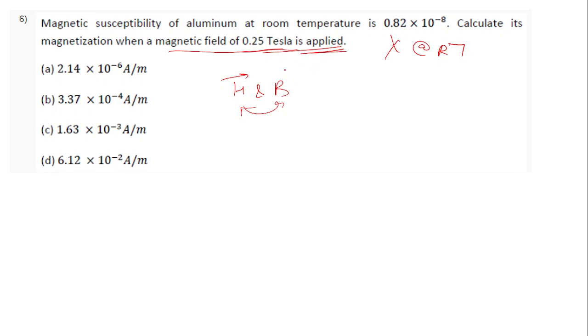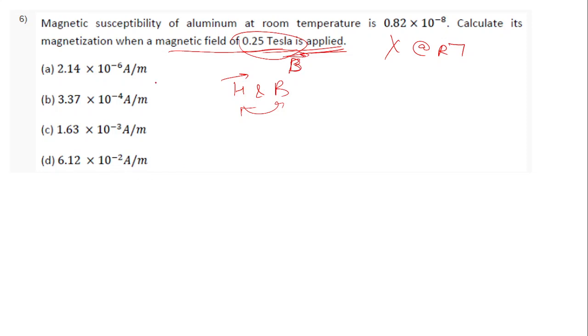B is the response of the material, but still this is the B that in the question they are saying is being applied. So although these two things are not the same, everywhere you'll find this kind of usage. So just get used to it. And because it's in Tesla, that means it is this B that we are talking about.